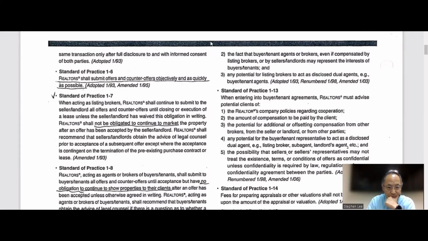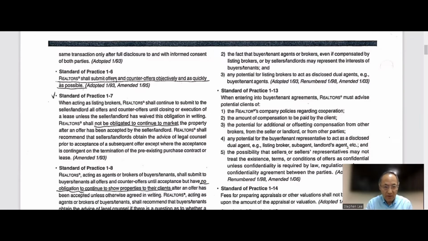Now, realtors submit all offers and counteroffers objectively and as quickly as possible. Sometimes licensees get confused. They think they can do whatever they want with the offers sent from the buyer.